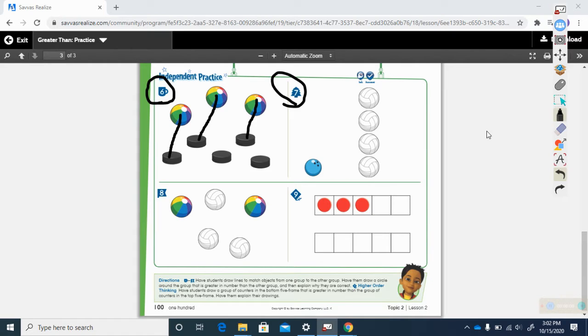Go ahead and do that. Now that you have the line drawn and everything matched up, which group has more? Which group has some left over? It would be the volleyballs, would it? Go ahead and draw a circle around those because they have some left over.